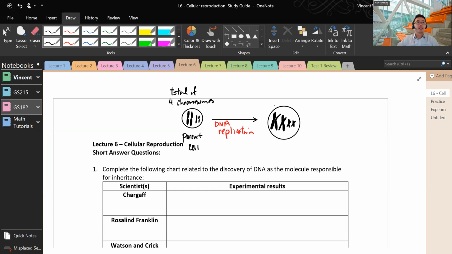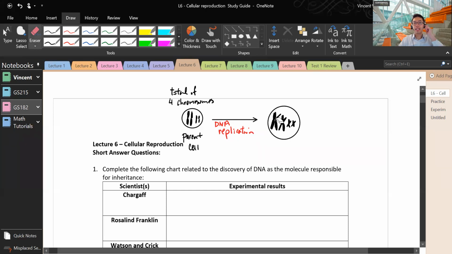Anyone else? Bianca also said 4. And that is correct, even though it looks like there's 8 things here. If they are still stuck together like that, the definition still counts that as 1 chromosome. So here's 1 chromosome, 2 chromosomes, 3 chromosomes, 4 chromosomes. So it is still 4 chromosomes.